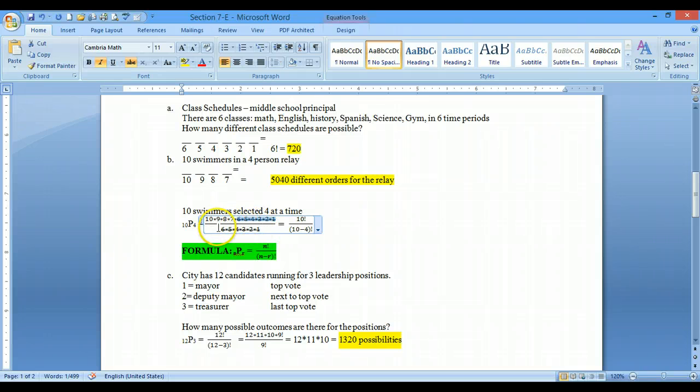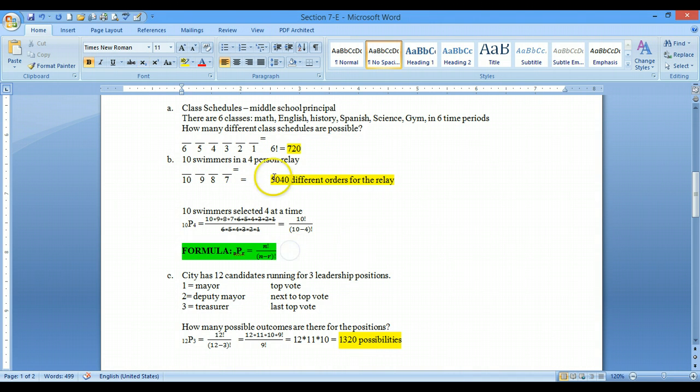You can show that with your work, because 6 divided by 6, 5 divided by 5, 4 divided by 4, 3 divided by 3, 2 divided by 2, and 1 divided by 1 all cancel out, or you can think of it as dividing and equaling 1. And that's rewritten as 10 factorial over 10 minus 4 factorial, which is our formula. This is n permutation r.